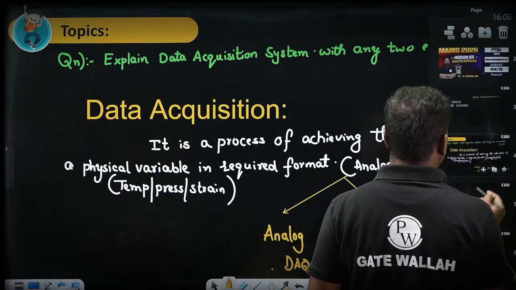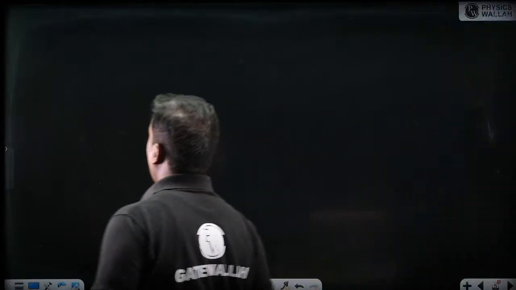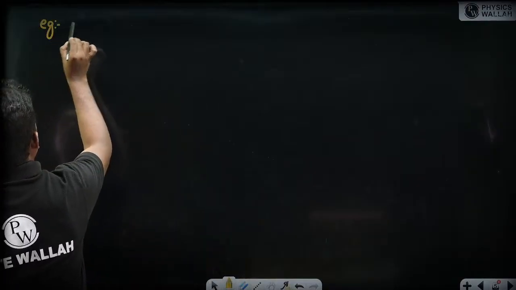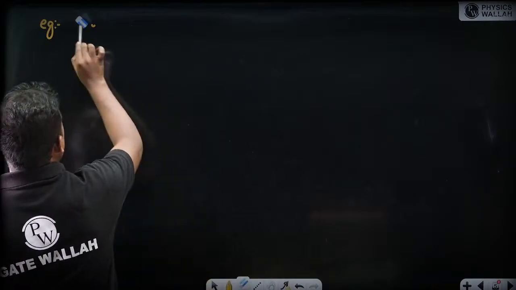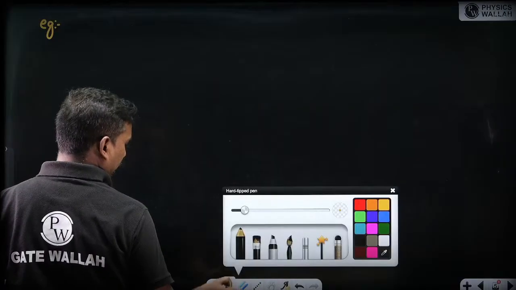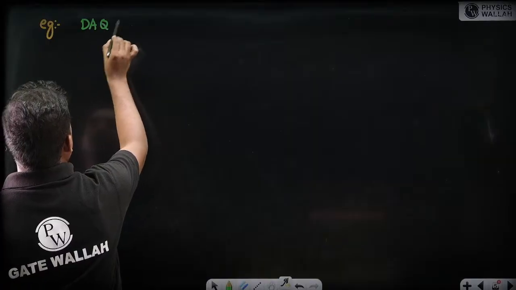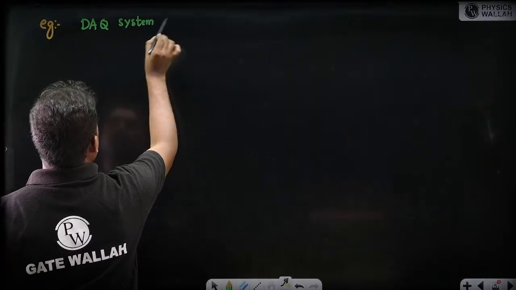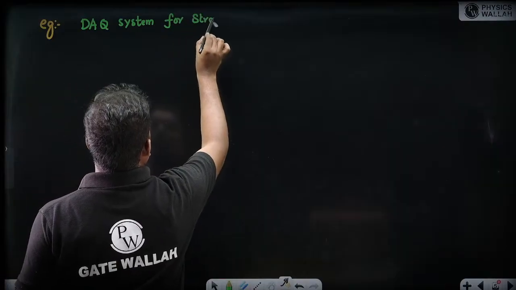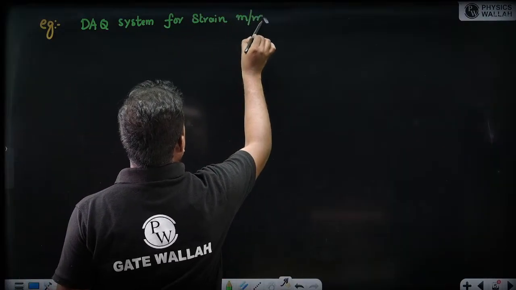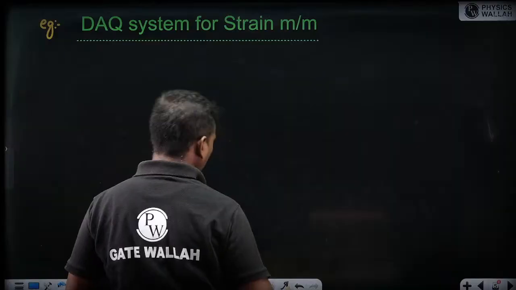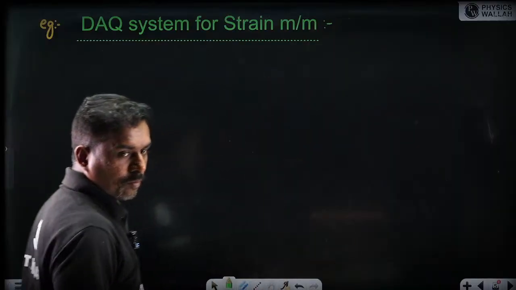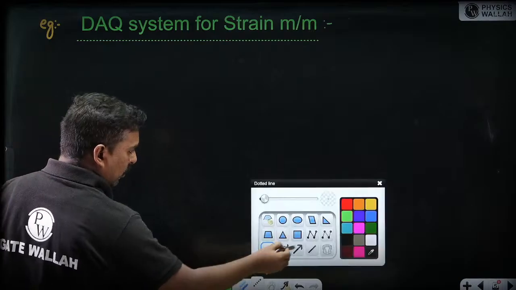For example, I will give an example of strain data acquisition system. Data acquisition system for strain measurement. So please note down how it works. Okay, so this is our cantilever beam.